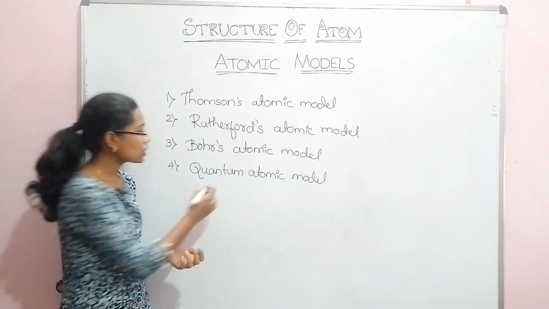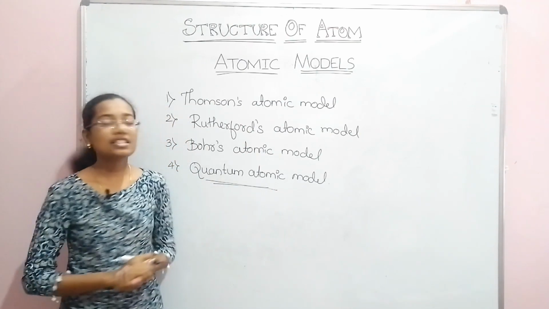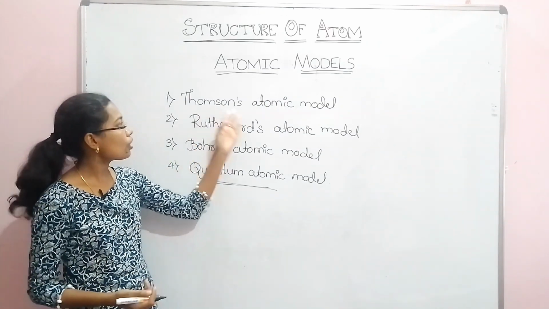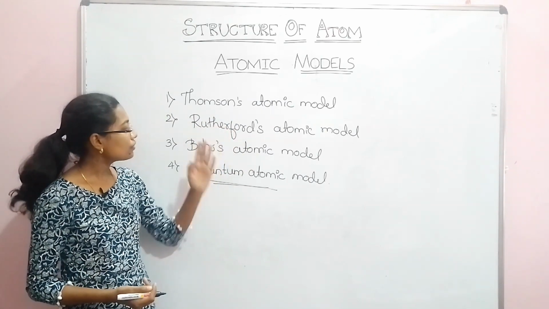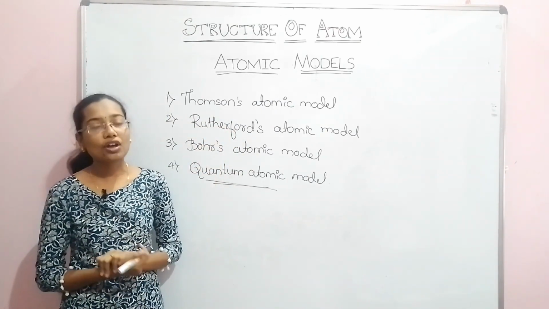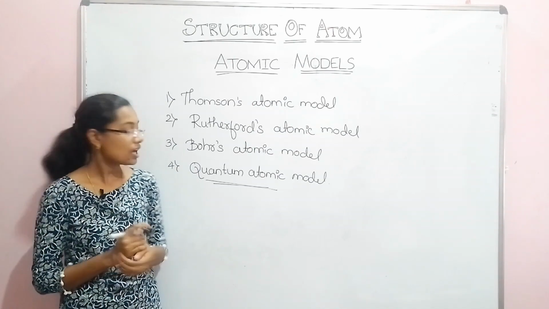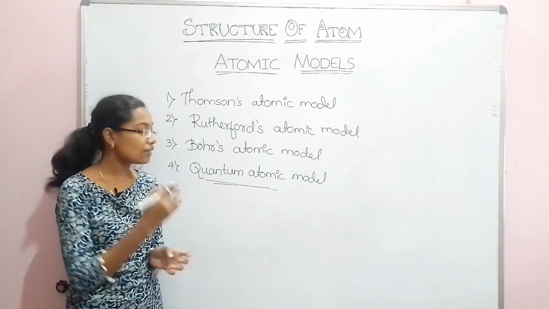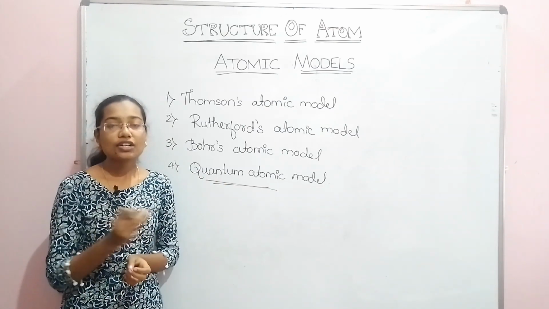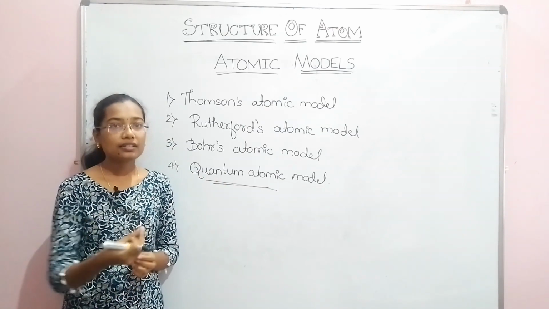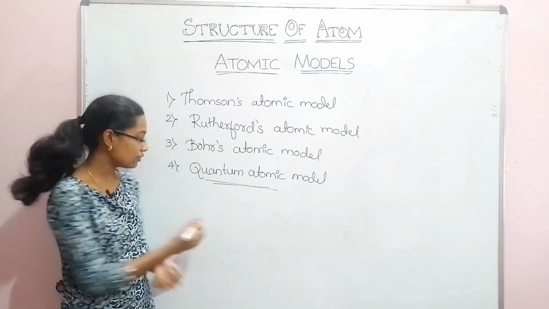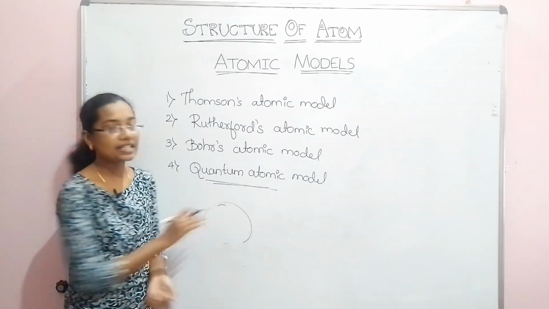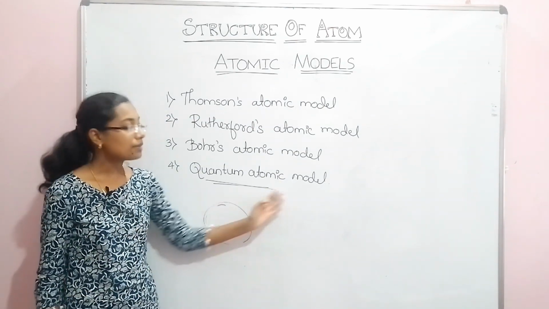But the quantum atomic model is the most accepted one. Thomson's, Rutherford's and Bohr's atomic models are not accepted; only the quantum atomic model is accepted. When we write the structure of the atom, we give it with shells, subshells and the nucleus in the center, and that is the quantum atomic model.